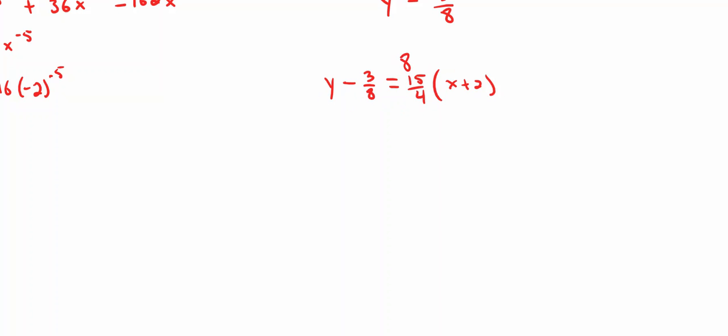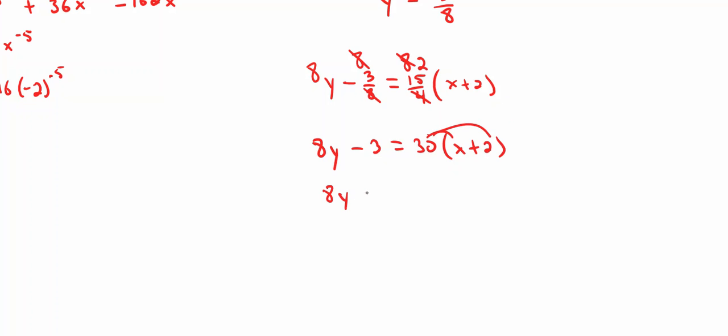That 8 cancels with that one, and this becomes 2 up top. So let's rewrite this as 8y minus 3 is equal to 30 times x plus 2. Then I'll distribute, so we get 8y minus 3 is equal to 30x plus 60.